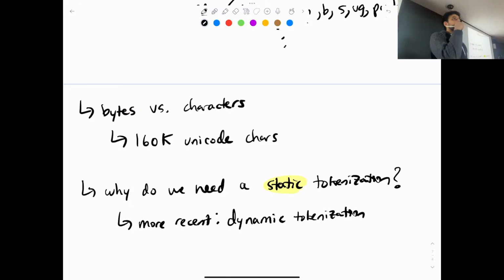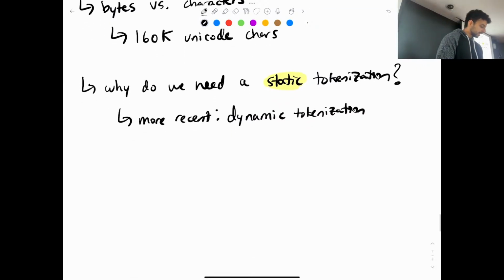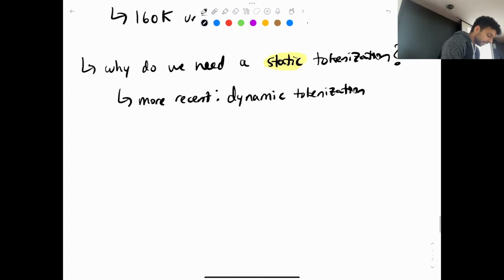Here, we receive a text in the raw byte level representation. I'll just write it out in characters for now, but each of these characters is 1 byte in UTF-8. So this is the word favorite.